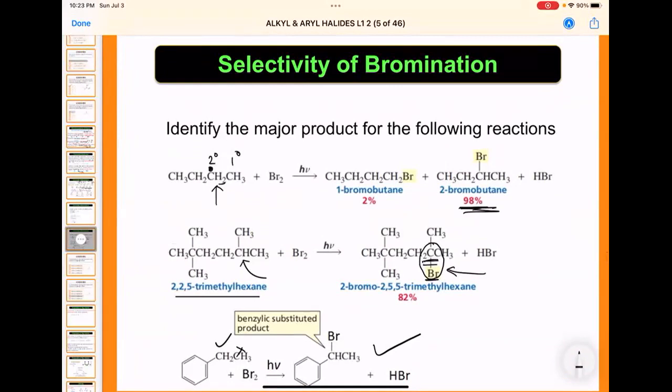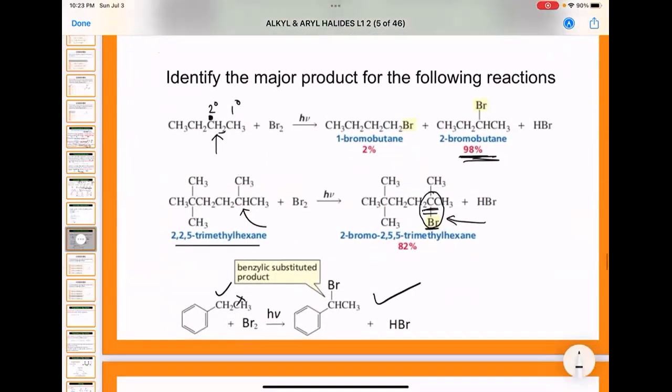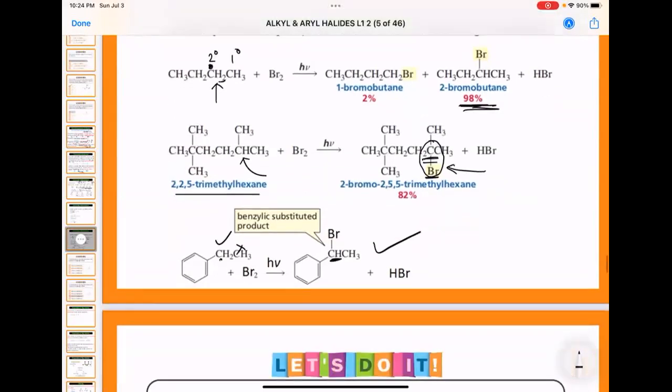If it is resonance stabilized, it can come out very easily, and it forms a radical that is stable. Then bromine can get attached at this position. Out of all the positions, bromine attaches itself on the benzylic position only.